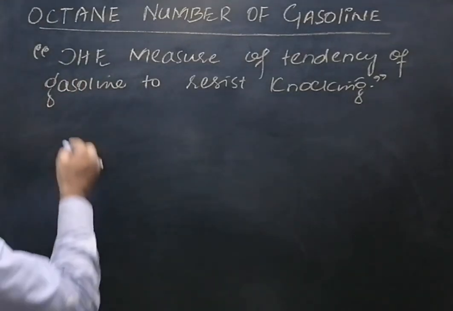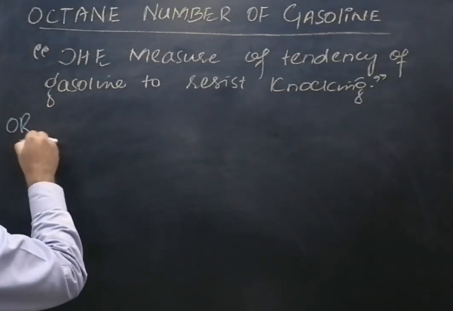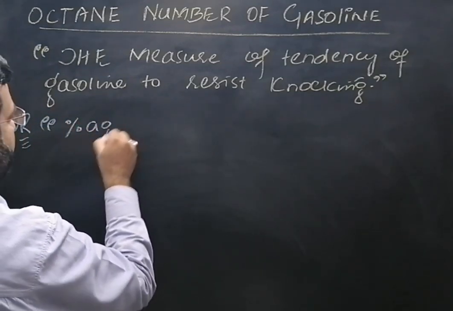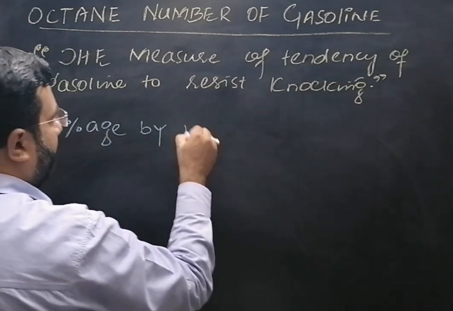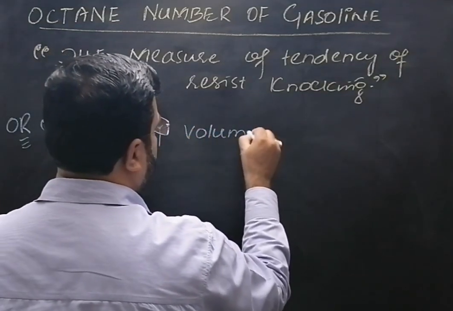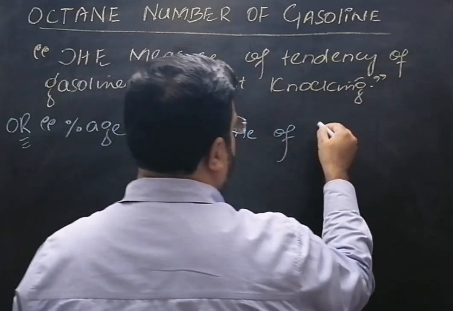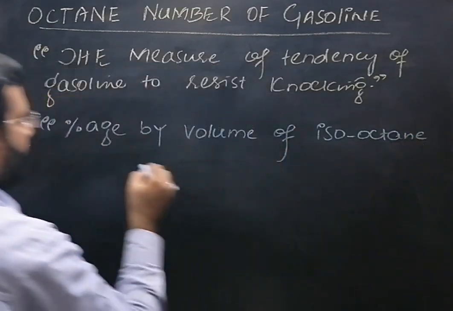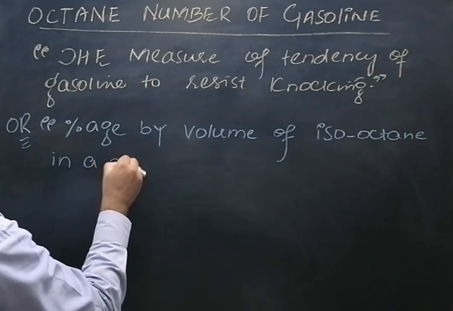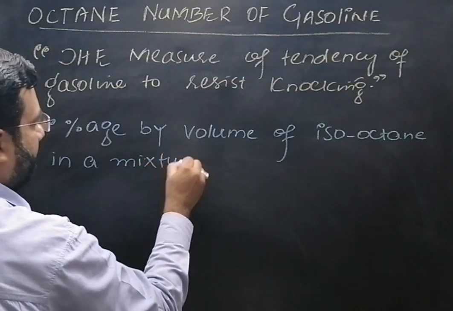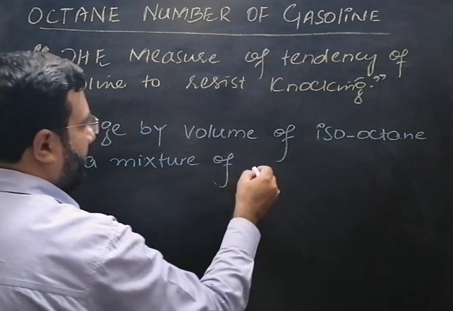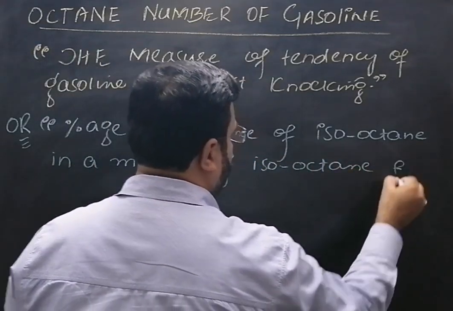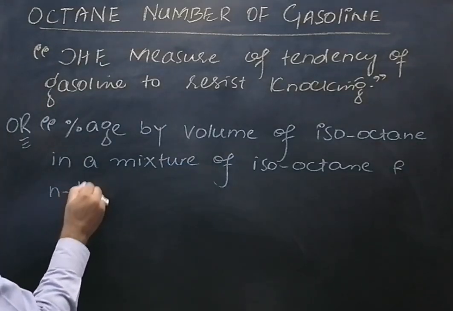Or there is a second way to define the octane number. It is the percentage by volume of isooctane in a mixture of isooctane and normal heptane.